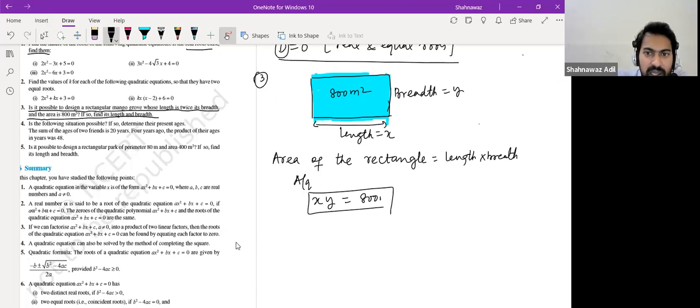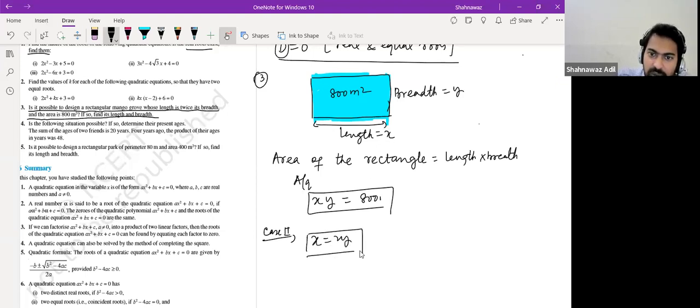One more piece of information is given, that its length is twice its breadth. From the second condition, what is the length, Shaima? 2y. Yeah, so x is 2y.